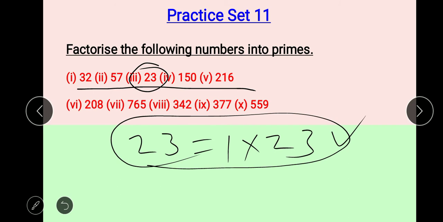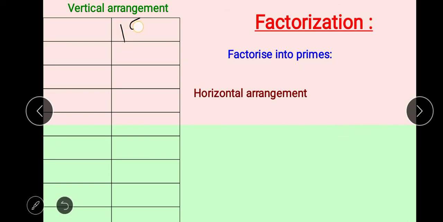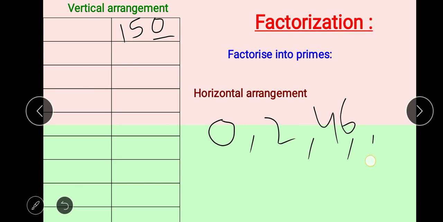Let us check 150, students. Let us take one more example, 150. See here, students, I'll write 150. The last digit is 0. That means the number is divisible by 2. I told you that if a number is divisible by 2, the last digit must be 0, 2, 4, 6, 8.